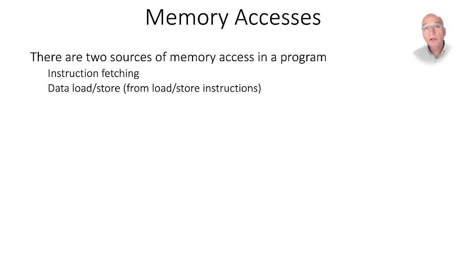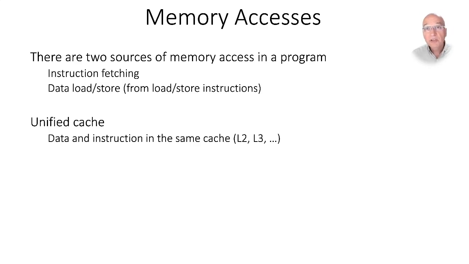When you have a load or a store instruction, you have one additional memory access, that is the memory access to fetch the data. So even instructions that are not loads and stores do one memory access, to fetch the instruction itself. And once you fetch the instruction, if it is either a load or a store, there is a second access to read the data or to write into the cache.